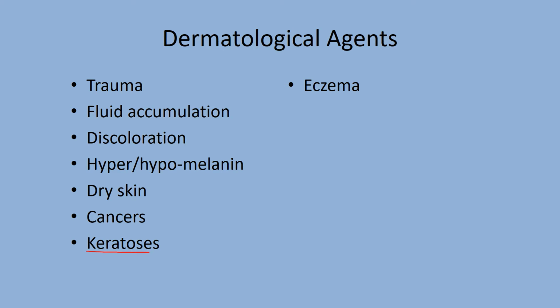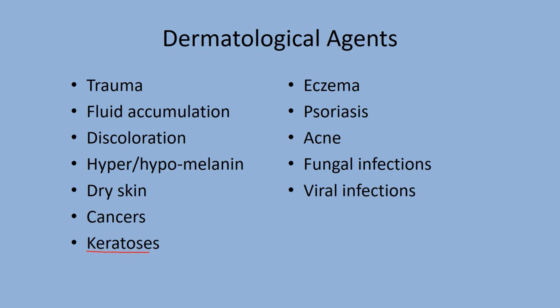You can have eczema, which is an autoimmune disease, and psoriasis, usually in young adults, a similar autoimmune disease that affects the skin. Acne, fungal infections, viral infections, and then general conditions like hives, wheals, and rashes. So many different conditions can occur on the skin.